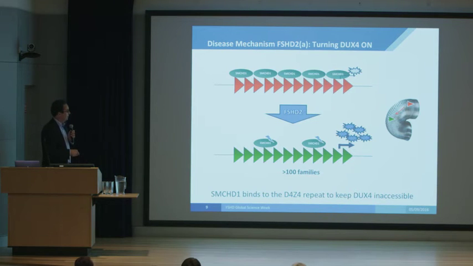Patients with FSHD2 have a normal repeat size, like in control individuals, but they have mutations in SMCHD1. This reduces the activity of SMCHD1 on the repeat, and therefore SMCHD1 is not capable of maintaining it in this repressed, closed state. Therefore the repeat also becomes more open, and the consequences are identical: DUX4 is being produced.